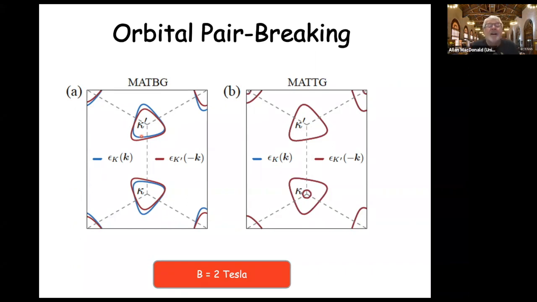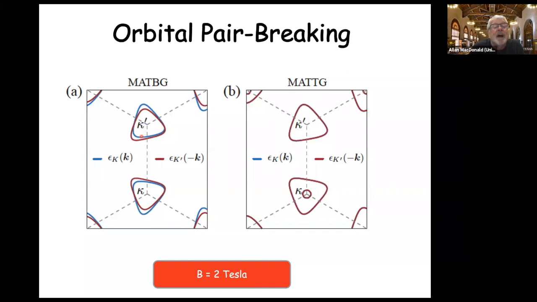So this is a model of the band structure of twisted bilayer graphene, comparing twisted bilayer graphene and twisted trilayer graphene. What I've overlaid there in blue and red, if you concentrate just on the left-hand side first, is, for some model of the band structure, some constant energy surfaces, Fermi surfaces, at some band filling.